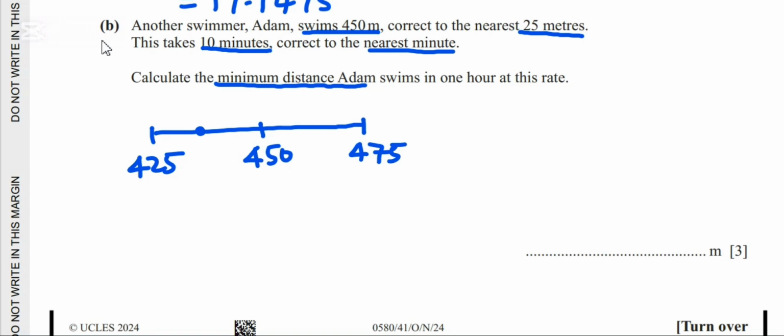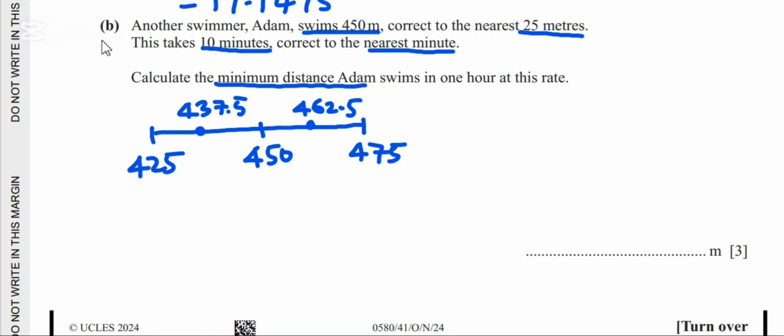So add 12.5 to 425 and you get 437.5, and then add 12.5 to 450, you get 462.5.